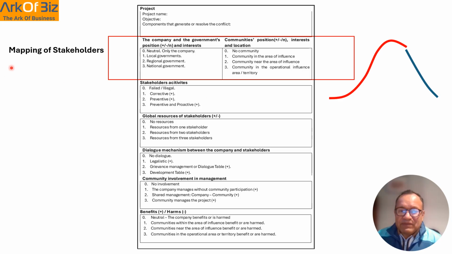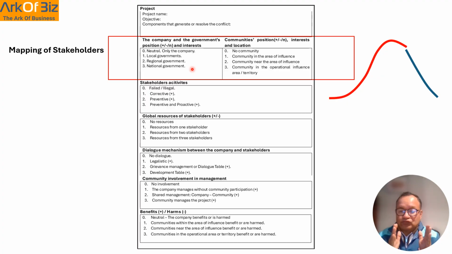So mapping stakeholders helps us see who is who in the conflicts, where they stand, and how their role changes as the conflict evolves. So from these two elements onwards, we'll focus on the prongs inside each element that help us analyze the social conflict and assign values needed to calculate the overall social license to operate for each stage.